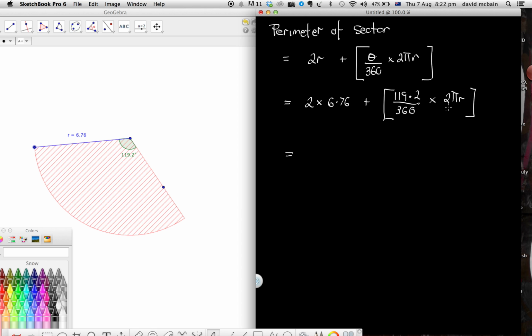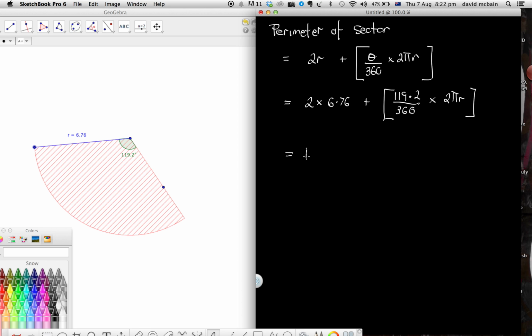Before we do that, we need to substitute our value for r in. I'll work out this part first, the 2 times 6.76, and that equals 13.52.